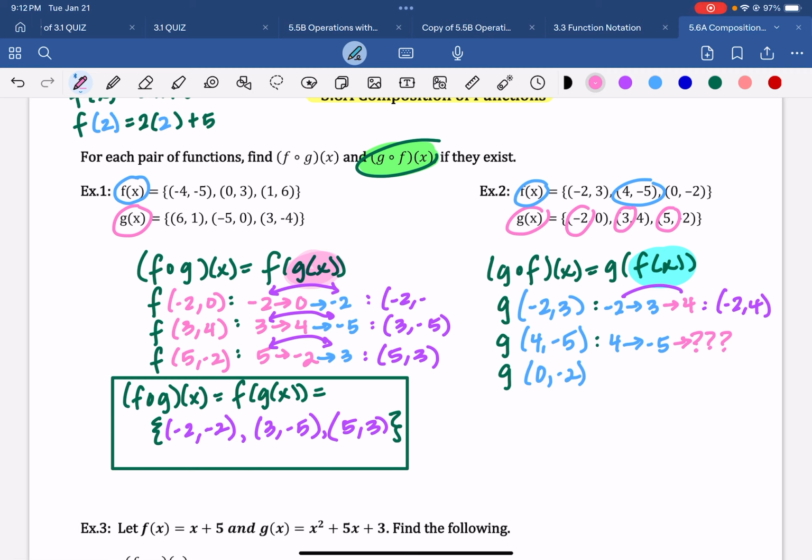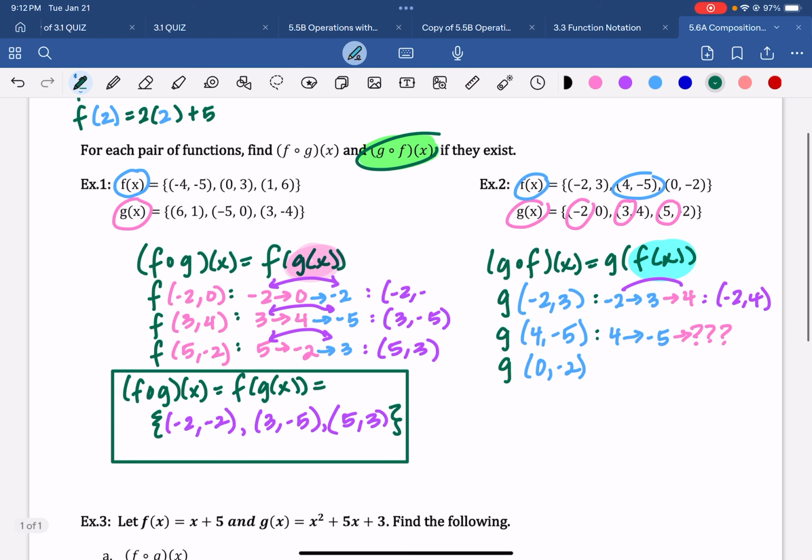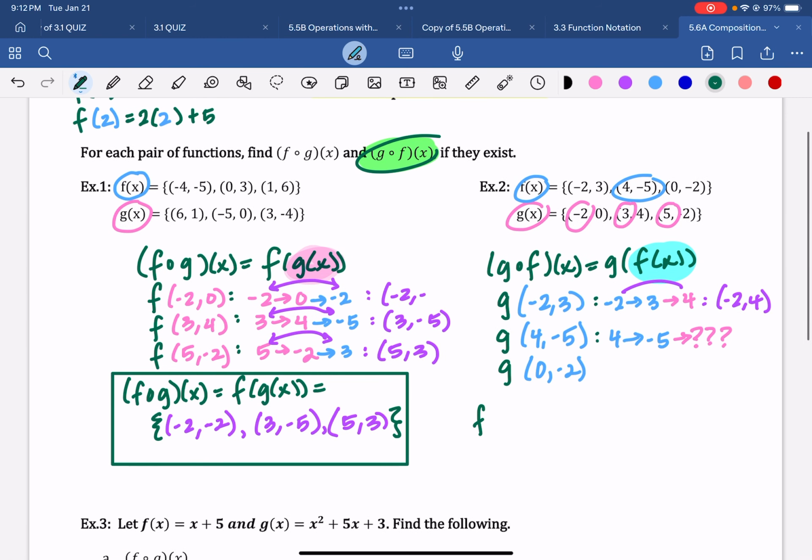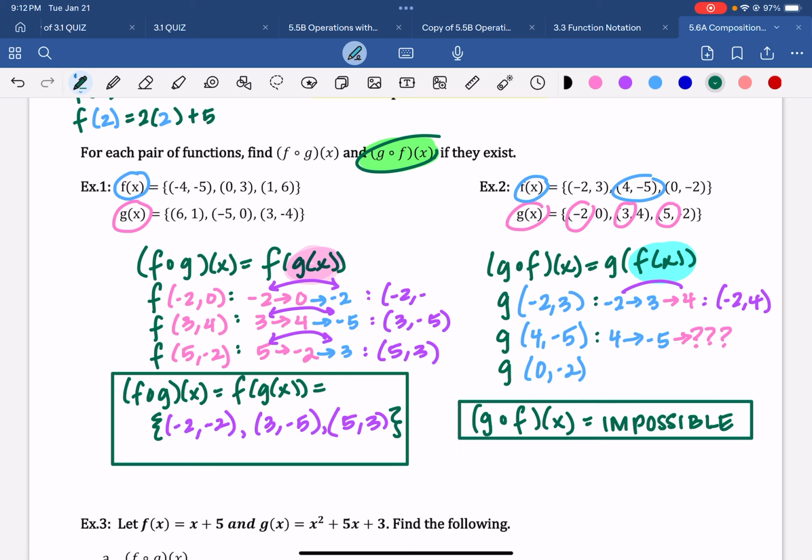We don't know. And we can quit right there because as soon as one's impossible, the whole thing's impossible. So actually, other way around. G of f of x is impossible. If one or more of them have nowhere to go, then we can't complete the question. So both of these are for number 2.